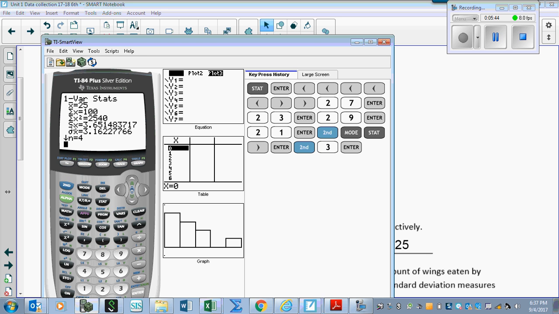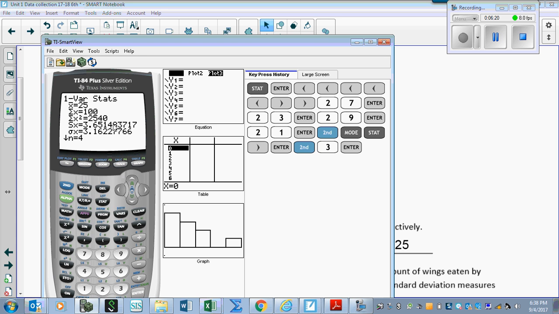If these 4 people were just a subgroup of a larger group, we would use S sub x, the standard deviation of the sample. If that were the whole population, we would use sigma sub x. As you can see, they're both around 3, the typical distance from the mean, as we said, about 3 wings different from the average of 25. That's how you would figure it out on the calculator.